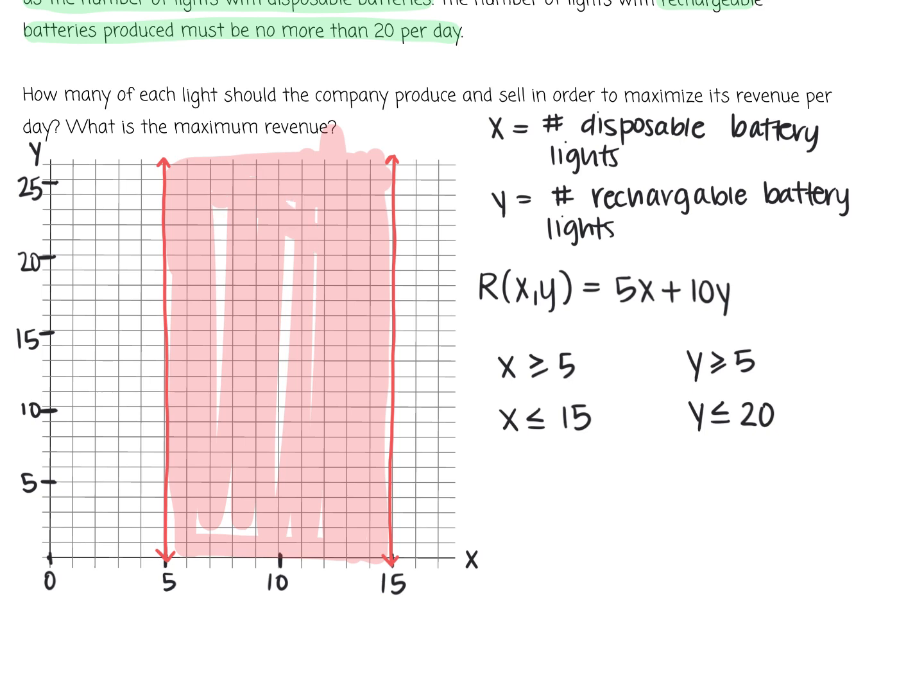So that's one solution region. Okay. And then for my other inequalities, I have that y has to be greater than or equal to 5, but also less than or equal to 20.